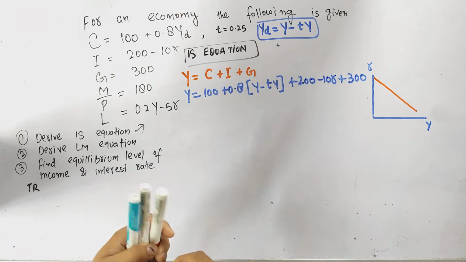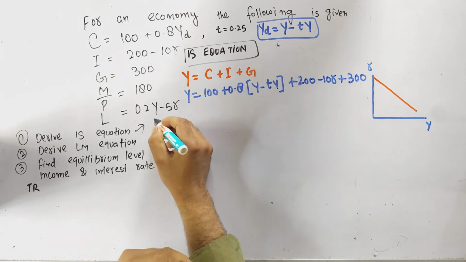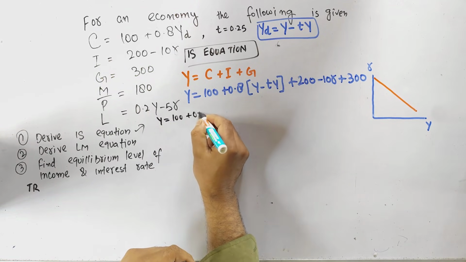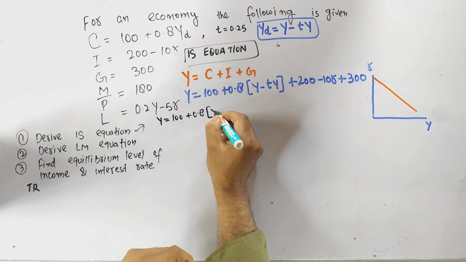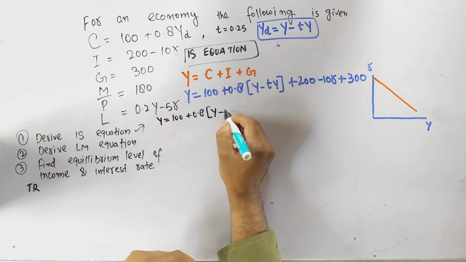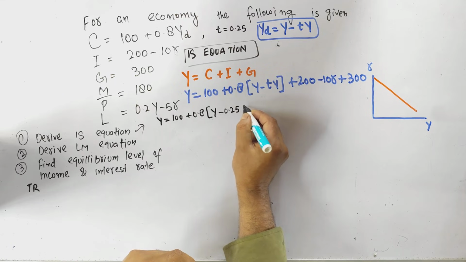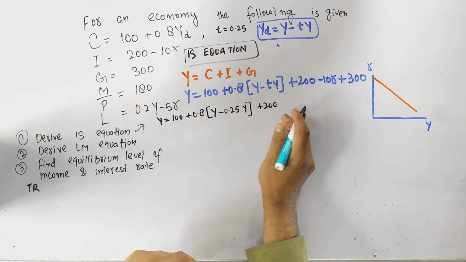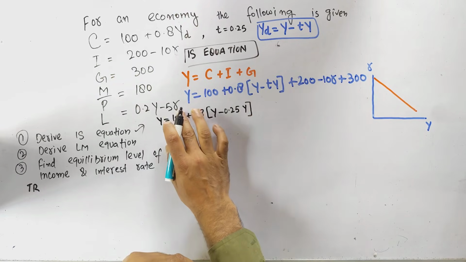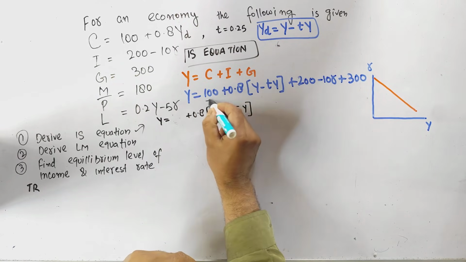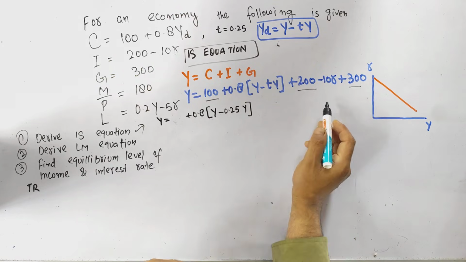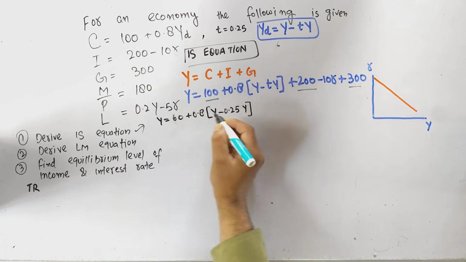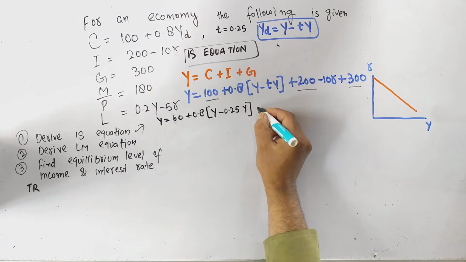Now let us rewrite this equation. Our total income will be equal to 100 plus 0.8 times Y minus the marginal tax rate 0.25 times Y, plus 200. To save space, let's add the constants: 100, 200, 300 gives 600, plus this minus 10R.